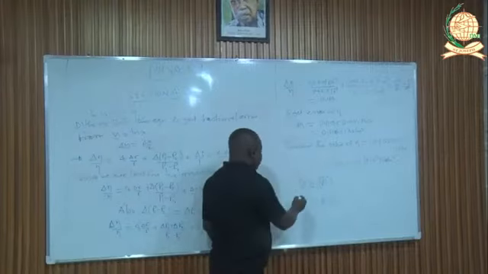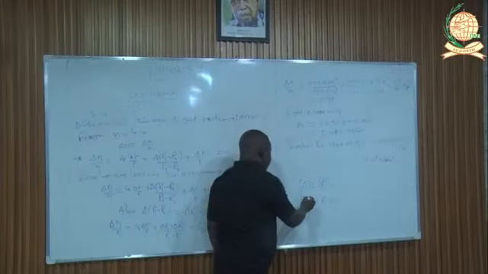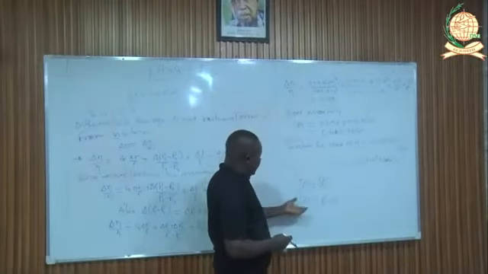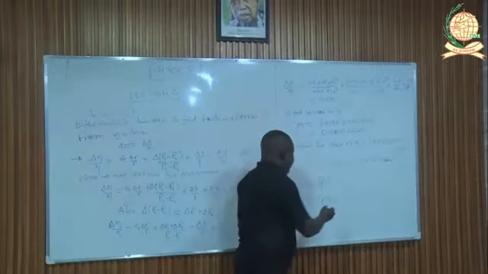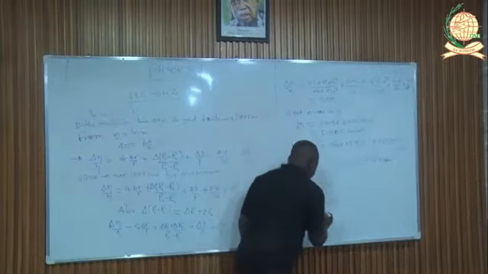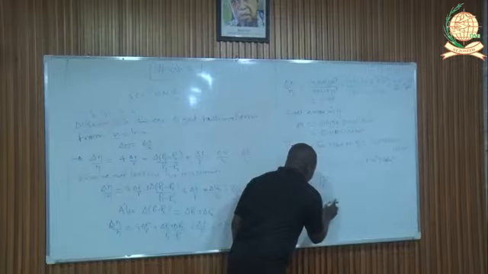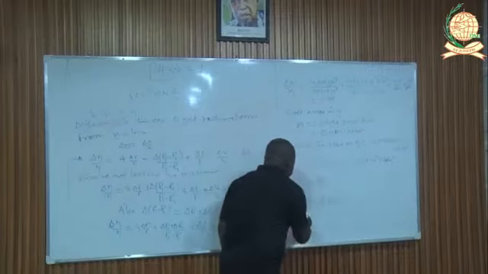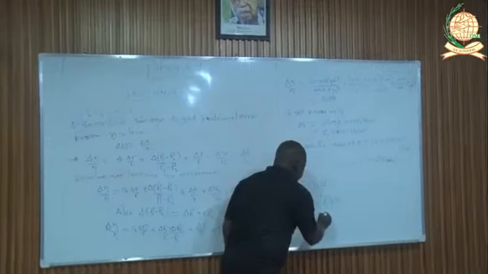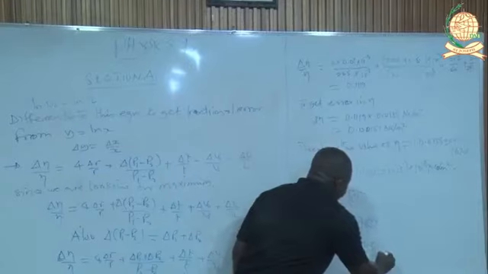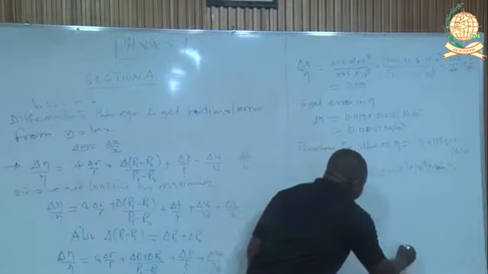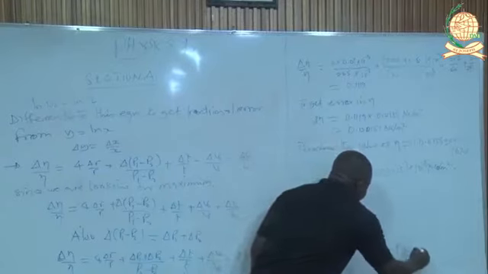Then according to this principle, this equation will be dimensionally correct if the dimension of A equals the dimension of B equals the dimension of C, and equals the dimension of B plus C.